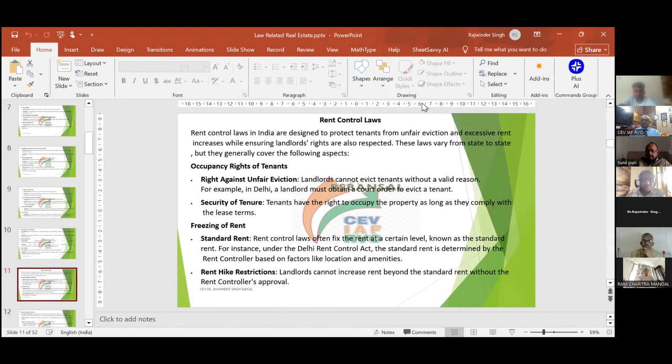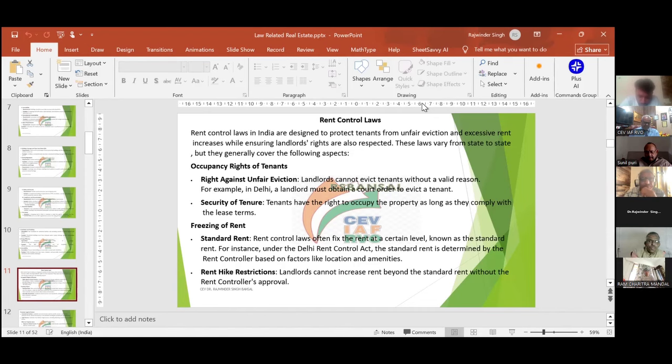And the second thing, if the landlord is able to prove that the building is such that it cannot be repaired, it is beyond repairable, it has to be demolished and reconstructed, or in case of an NRI, if he is able to prove that he requires the building for his own use, then the tenant can be evicted.